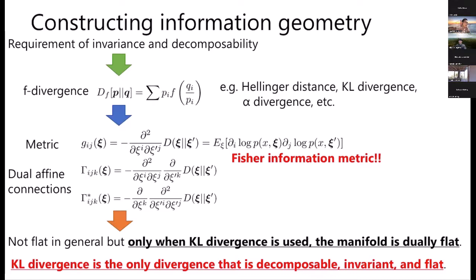And what about the geometry? Actually, the geometry is not flat in general, but only when KL divergence is used, the manifold is dually flat. So KL divergence is the unique divergence measure that is flat, decomposable and invariant. So if we want a very clean geometric structure of probability distributions, KL divergence is the way to go.